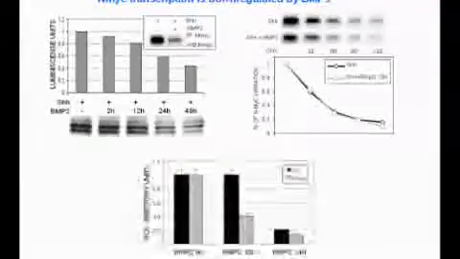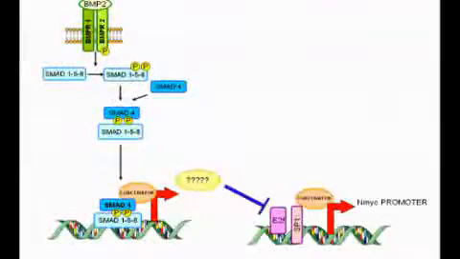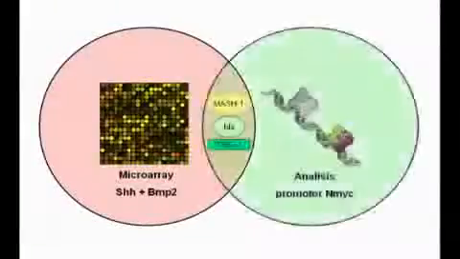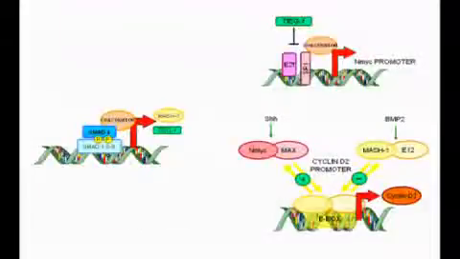And you'll have to believe me, because I removed most of the raw data, if I tell you that we have demonstrated that BMPs, through the activation of SMADs, of course, induce the production of two factors that both, through very different mechanisms, control the activity of the oncogene MYC.